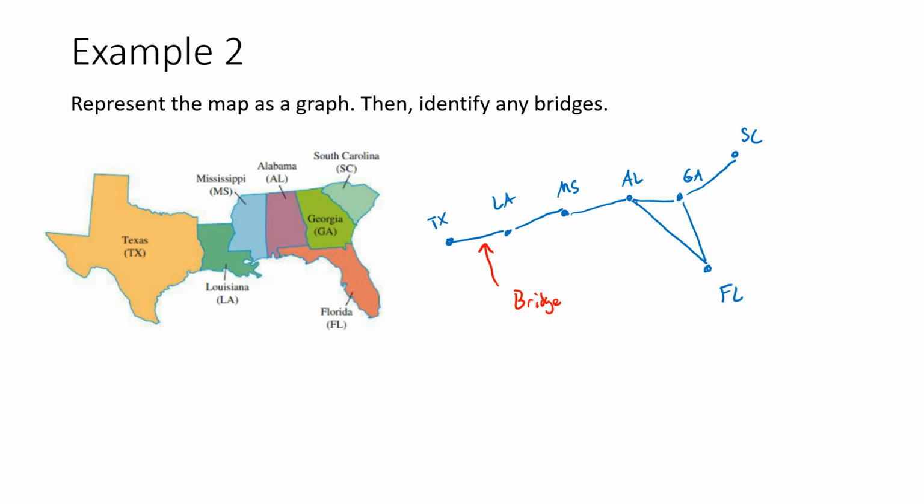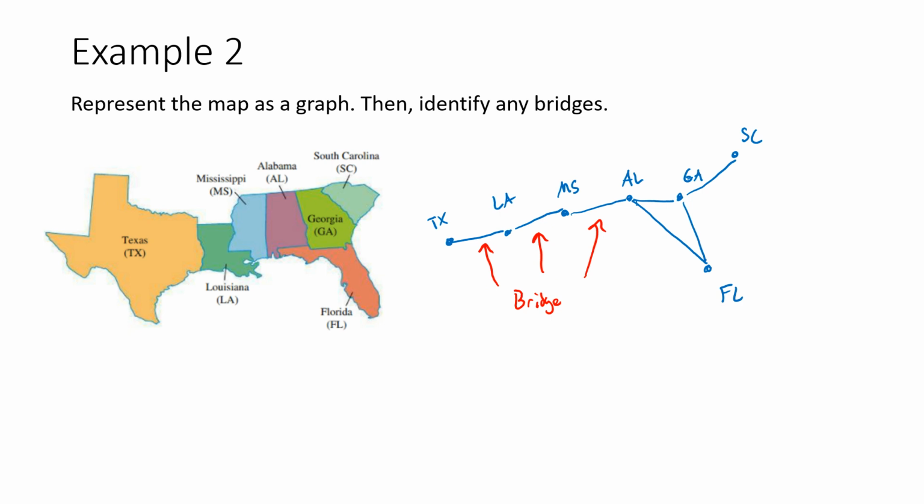Is that a bridge? Yes. Because again, you're isolating Texas, you're isolating Louisiana also in that case. How about Mississippi to Alabama? Is this a bridge? Absolutely. If I remove that, then you'd be isolating Texas, Louisiana, and Mississippi from the rest.